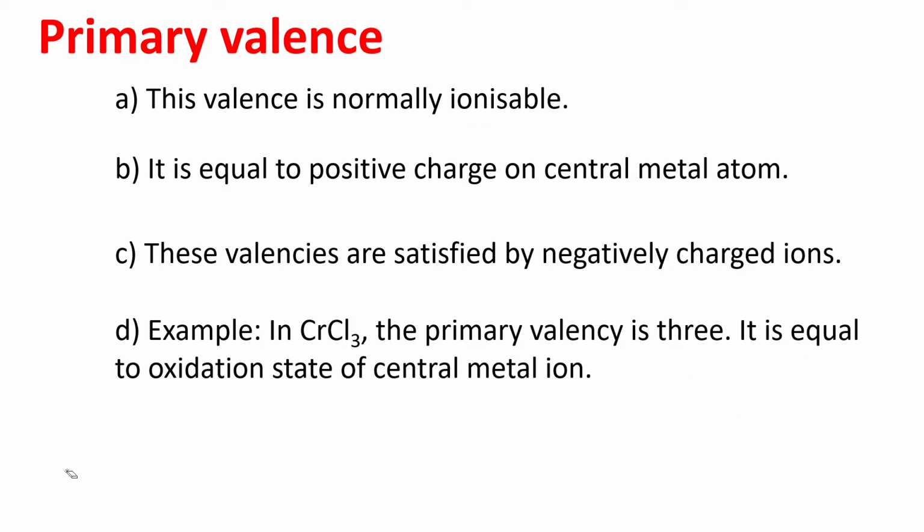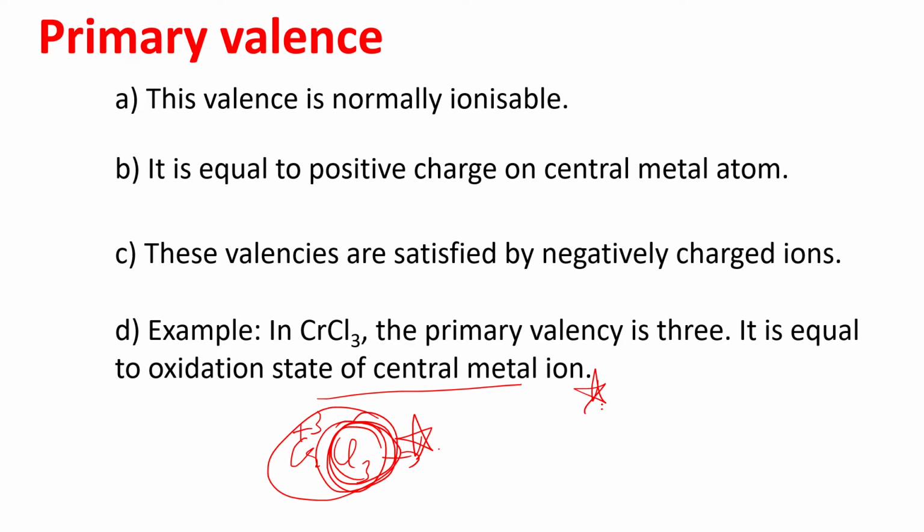In chromium chloride 3, the primary valency is equal to the 3 chloride ions, because chromium has +3 charge, and these chloride ions are balancing that. It is equal to the oxidation number of the central metal ion. As you can see, the 3 is basically balancing the +3 charge over here.